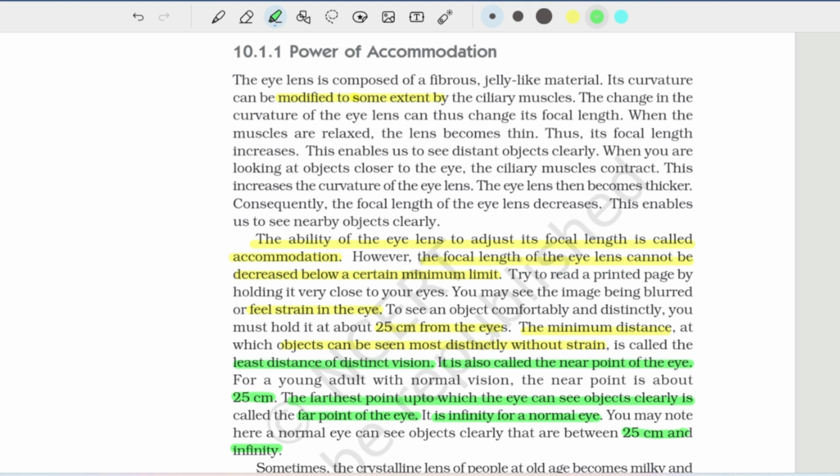So we have three questions here: regarding the near point, regarding the far point, that is infinity, and the range of the normal eye, that is 25 centimeter to infinity. Also about accommodation, the definition can come: what is accommodation? The ability of the eye lens to adjust its focal length is called accommodation of the eye lens.